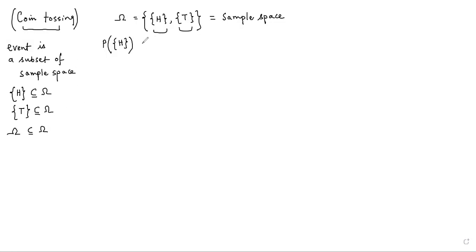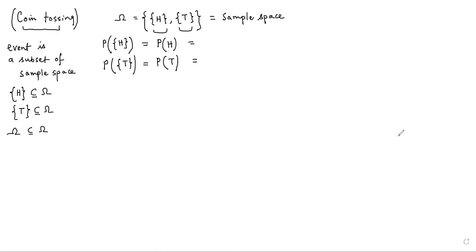To make things short, we simply don't write this single element set in the manner it is written. We simply say probability of H. Probability of H means probability of this particular set, that means probability of this event, and then we put the value. Similarly, for the event tail, we denote it simply by probability of T, and we put some values.